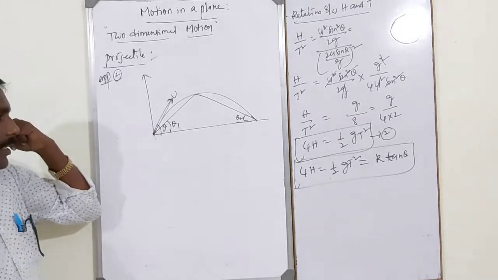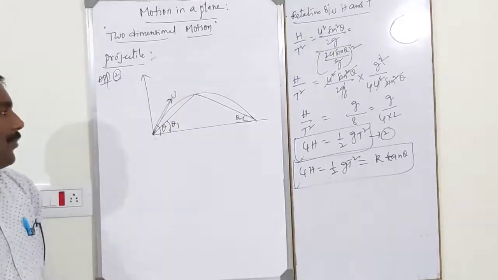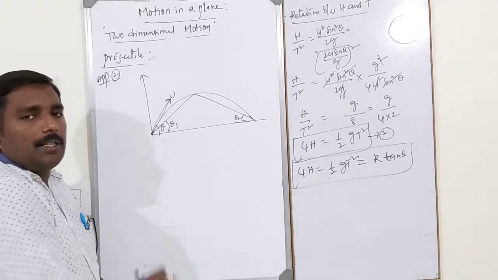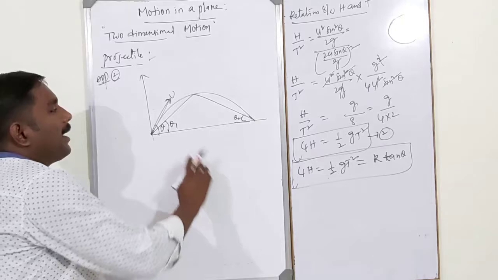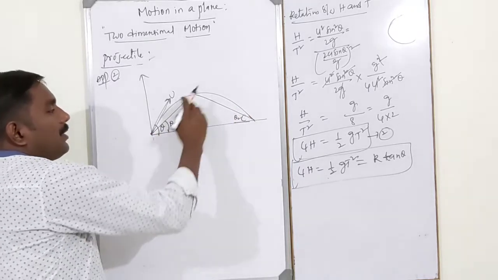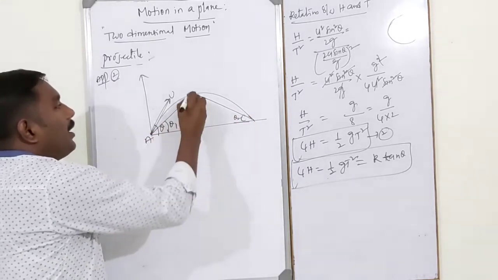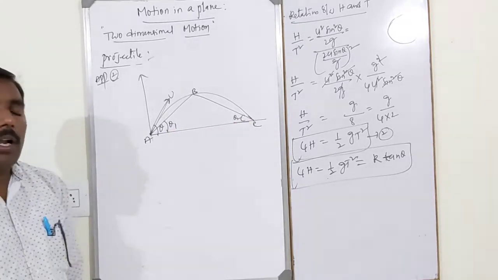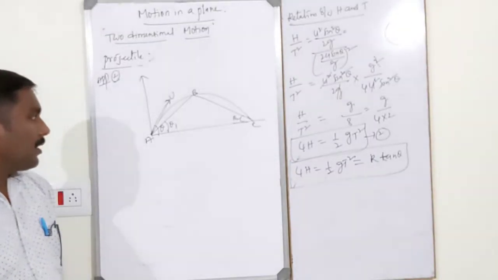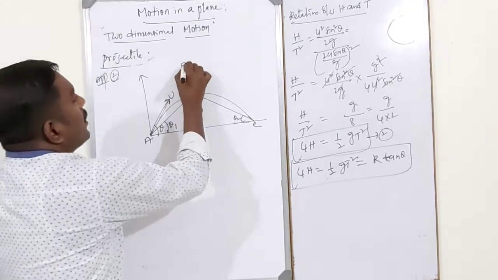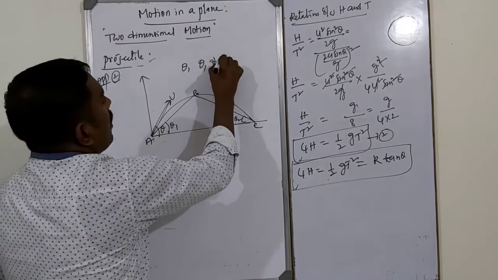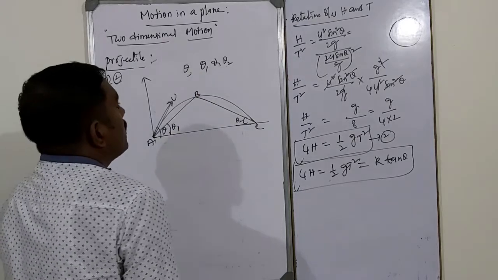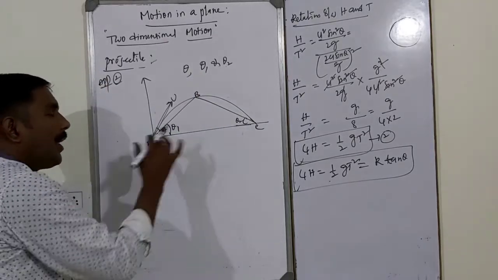A body is projected with a velocity of u, making an angle theta with respect to horizontal. Then it traces the triangle like this, triangle ABC. Then theta 1, theta 2 are base angles. Now what is the relation between theta 1 and theta 2 in this case?